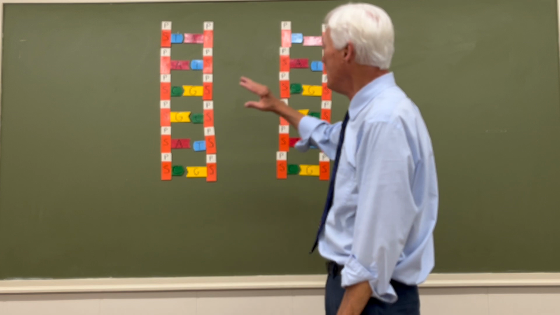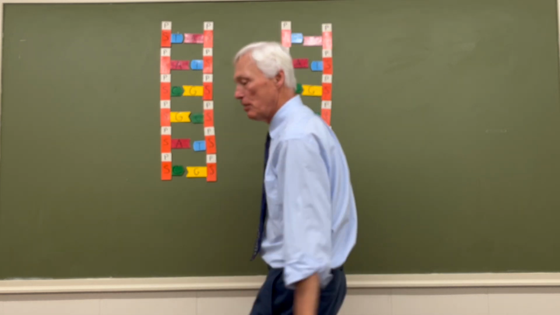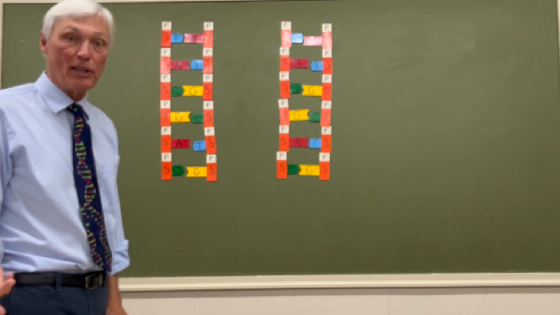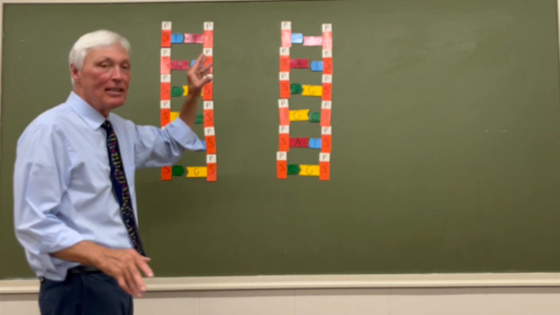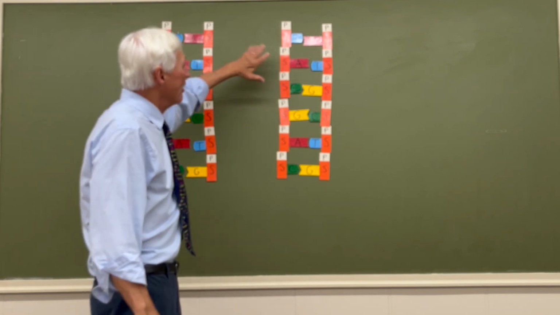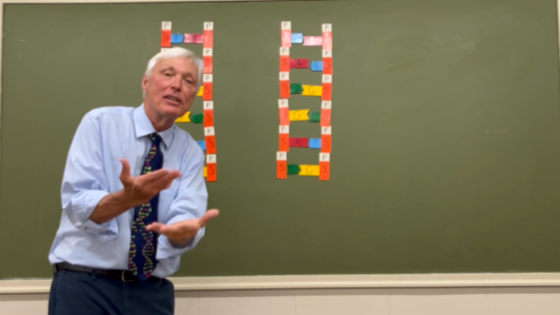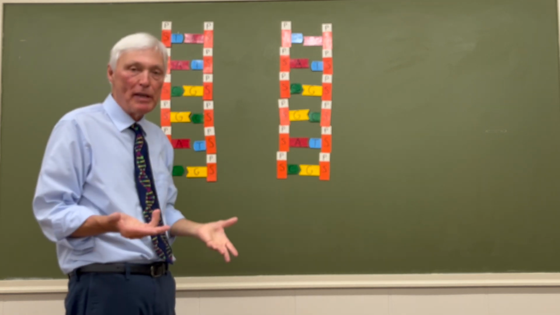And what do you notice? If you compare these two DNA molecules to each other, what do you notice? Well, I hope you notice that they're identical. They contain identical instructions. The order of these base pairs spells out coded instructions, part of the recipe for you.